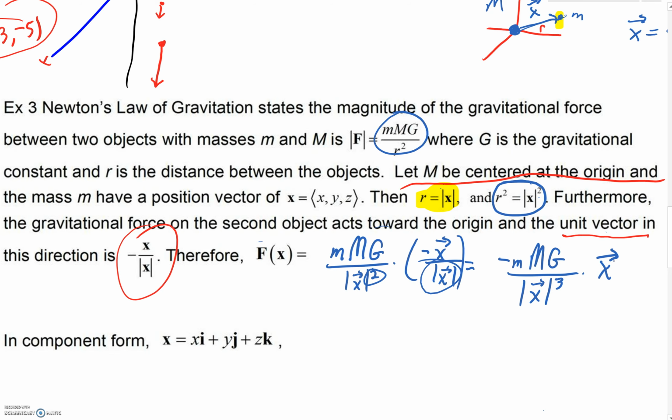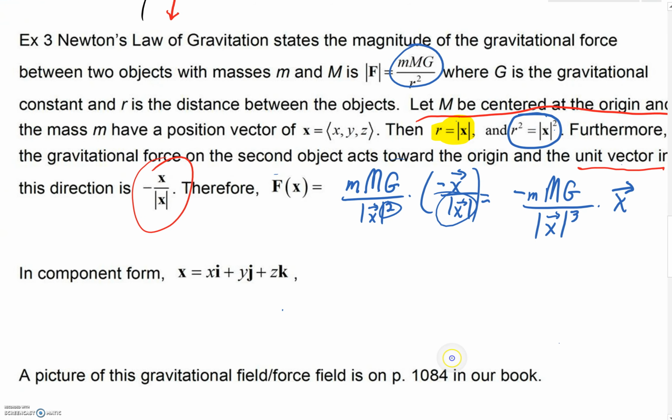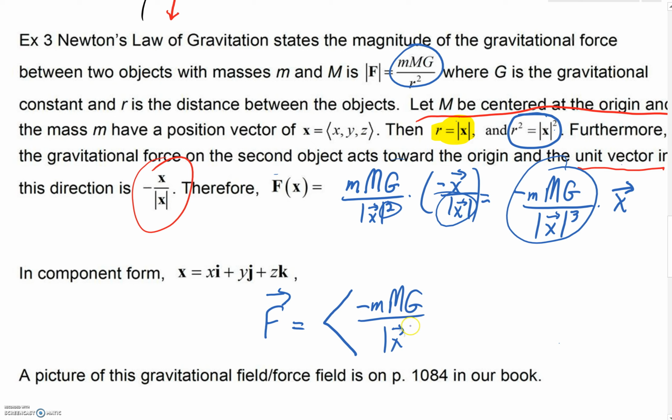So another way we could write this is in component form. This is our magnitude, right? And we could very well say, look, if you've got an x component right here times i, that's going to be your x.